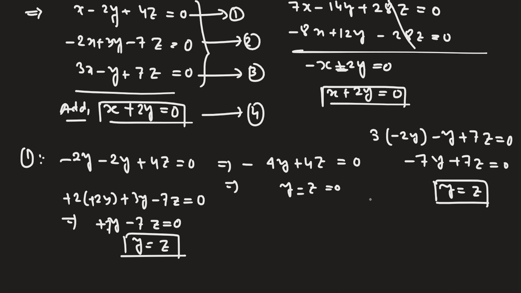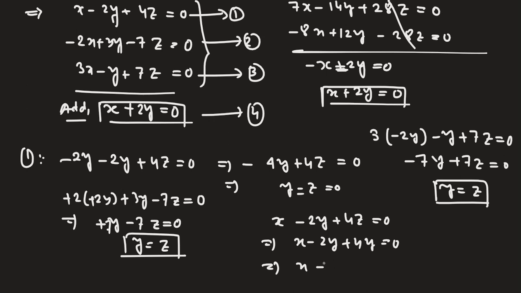Now y equal to z we have, so if y equal to z then what will happen, x is equal to minus 2y, and plus 4z equal to 0. Y equal to z means we put x equal to minus 2y then 4z, z is y, equal to 0, so we have x plus 2y equal to 0.